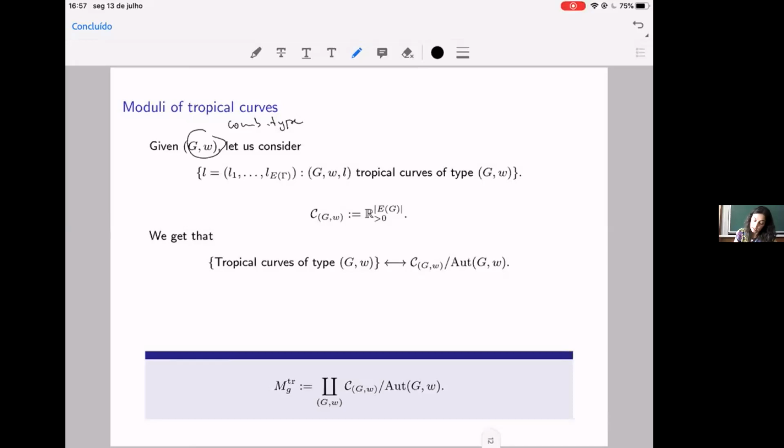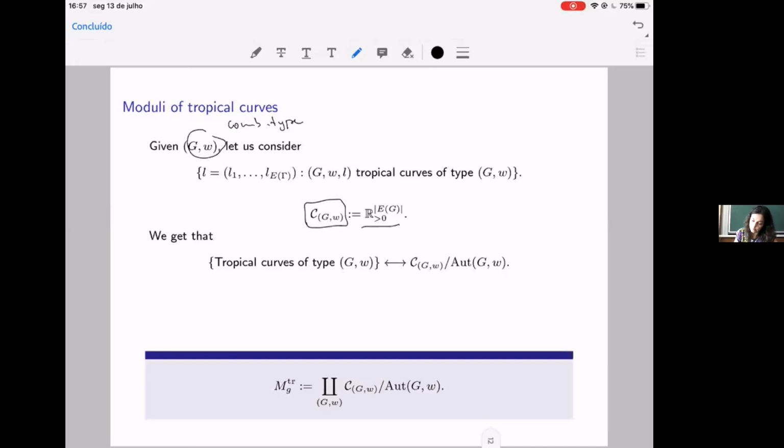So we can define a cone parameterizing the lengths of tropical curves of a certain combinatorial type. Tropical curves of a certain type will correspond to this cone modded out by the automorphisms of the weighted graph.